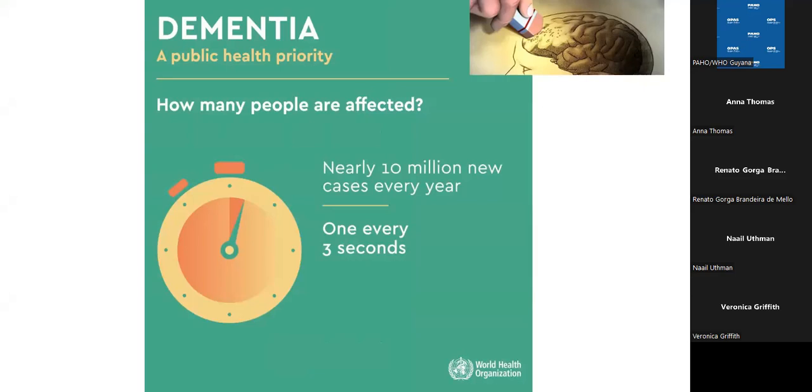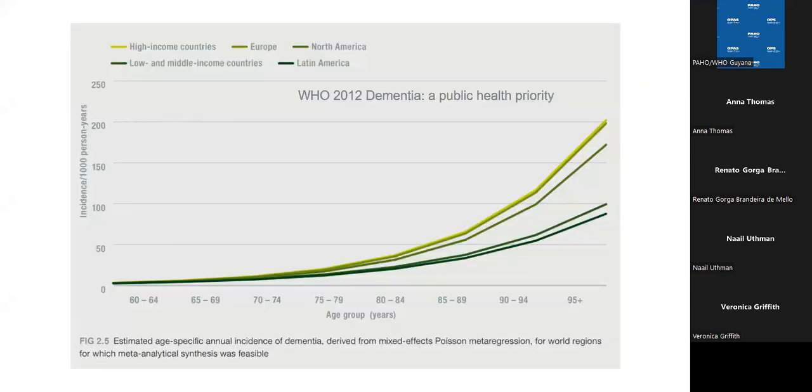It means one dementia diagnosed every 3 seconds. So this is huge. Here you can see the estimated age-specific annual incidence of dementia. And the older the patient is, the higher the risk is.